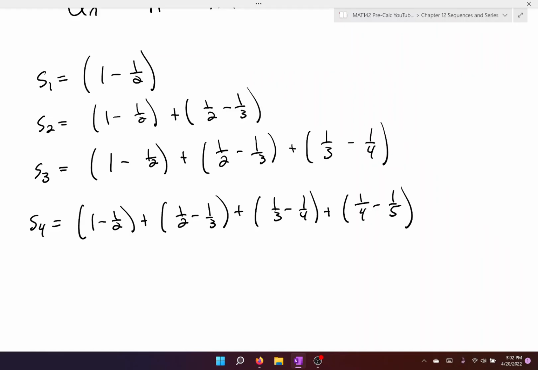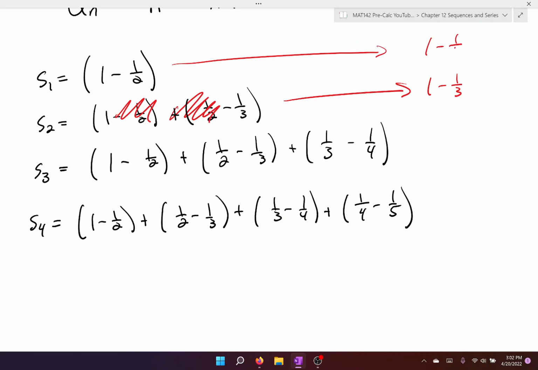What's happening here, let me get out a red marker, is as we increase the number of terms that we want, and I'll start with S2, our second partial sum, notice that you have negative 1 half here and then positive 1 half here. These are going to cancel each other out, so this collapses down into nothing more than just 1 minus 1/3. If I look at the first partial sum, I can write 1 minus 1 half.